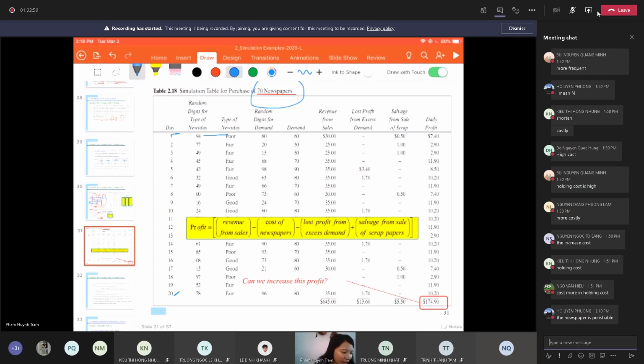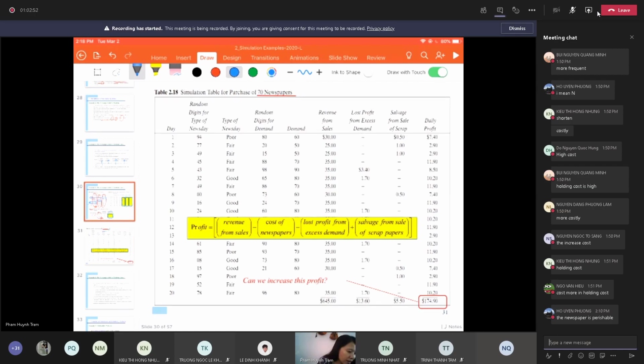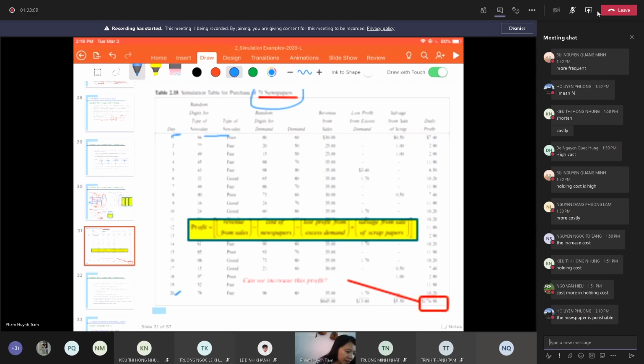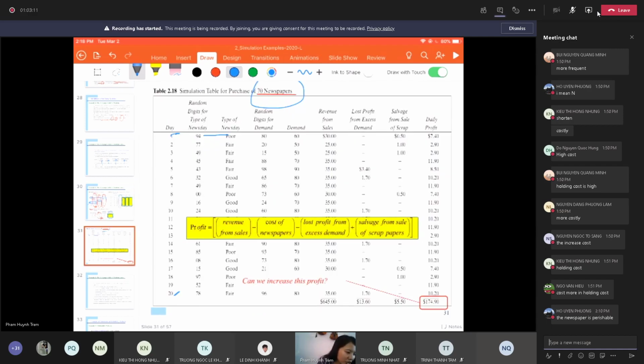So it is a poor day, we go to the random digit assignment for newspaper demand, look for the poor day, and then we generate another random digit to see what is the demand on that poor day. We generate a random digit and we get the demand is 60 for that poor day.